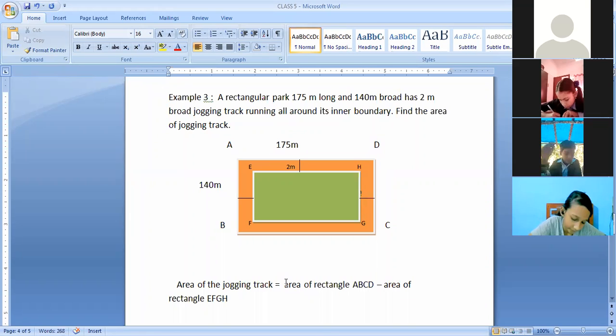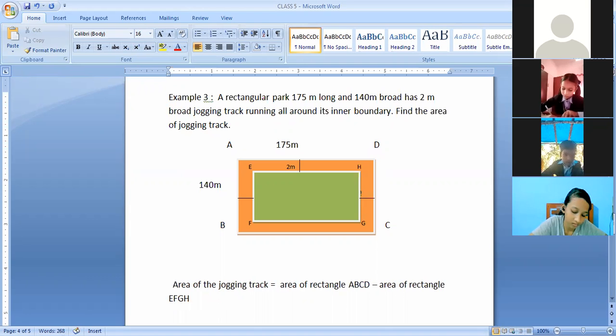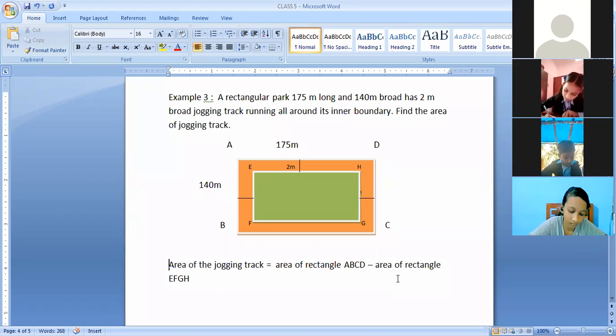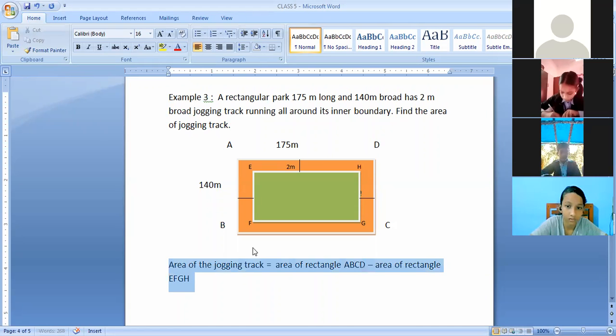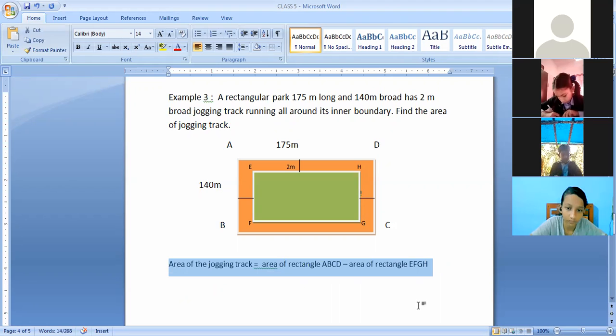If we subtract the area of the rectangle EFGH from the area of rectangle ABCD, we will get the area of the jogging track. Is that clear?